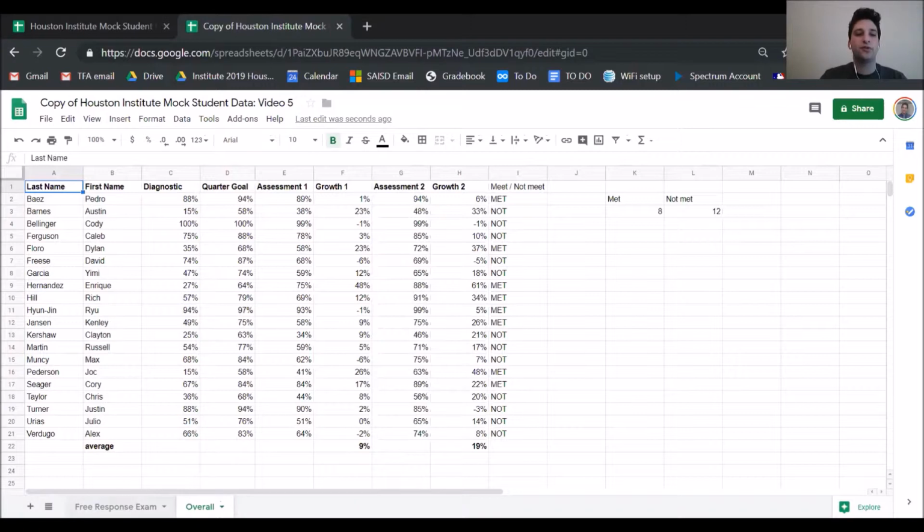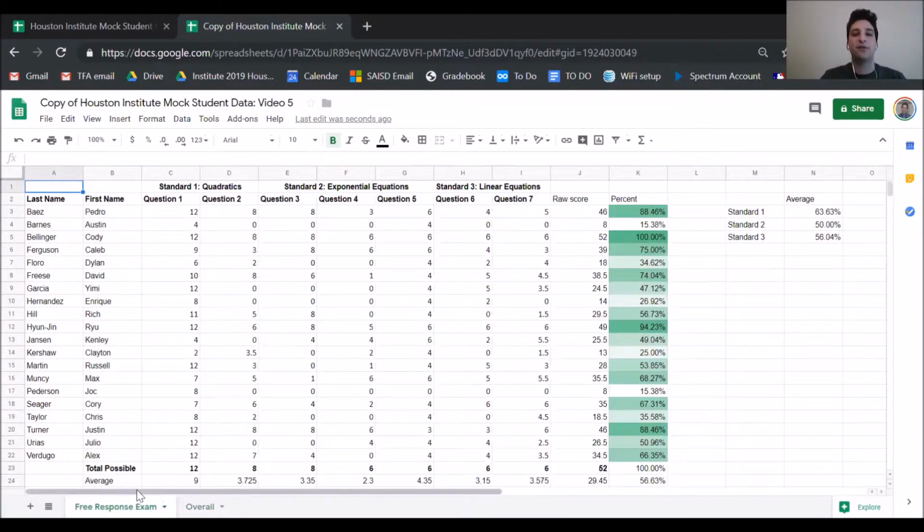So first, let's go to the first tab, the pre-response exam tab. And we found that the average percent correct on that exam down here was a 56.63%, so about 57%. Not an amazing score. However, I do teach AP classes, I teach IB classes, and for instance, for an AP Stats exam, if you get 56% right, that's actually not bad.